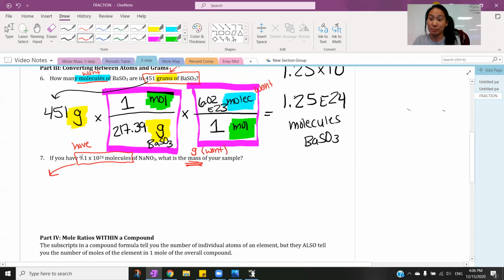You want grams instead. So let's follow the same process. You have 9.1 times 10 to the 23rd, you can write E23 if you would like, and this is molecules. Then you have to think, I have to go from molecules to what? Grams.